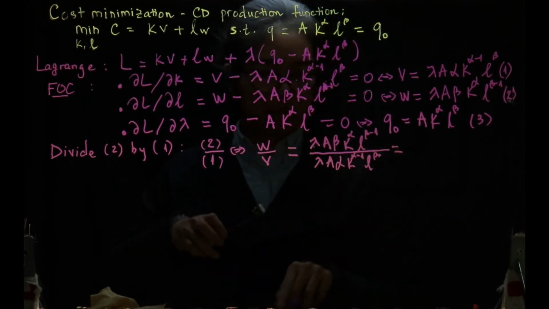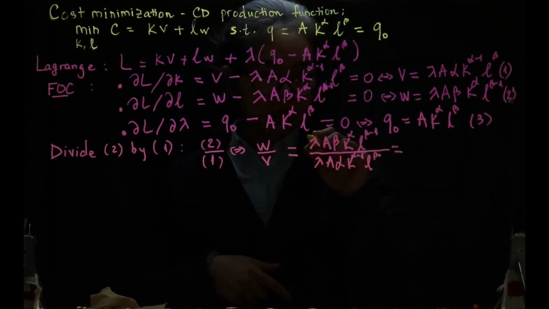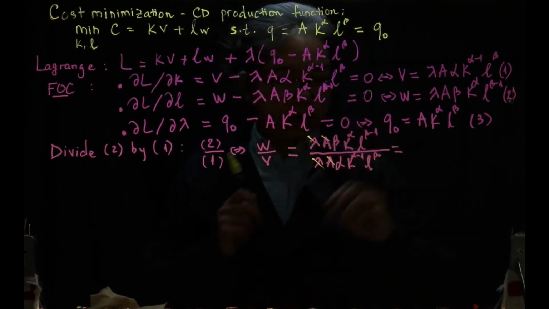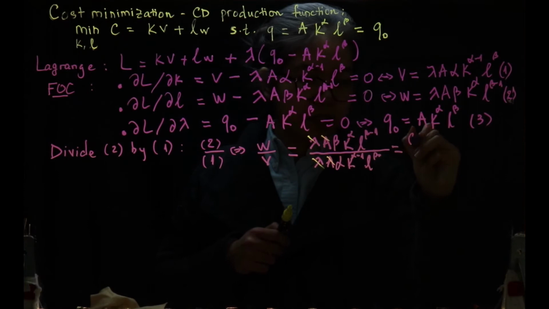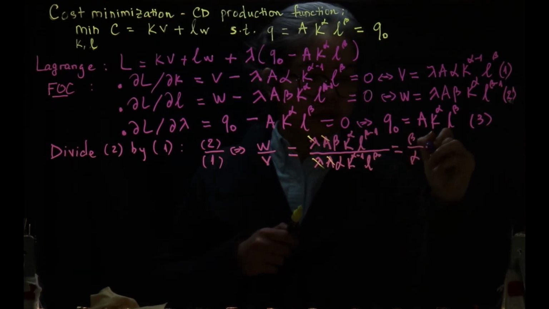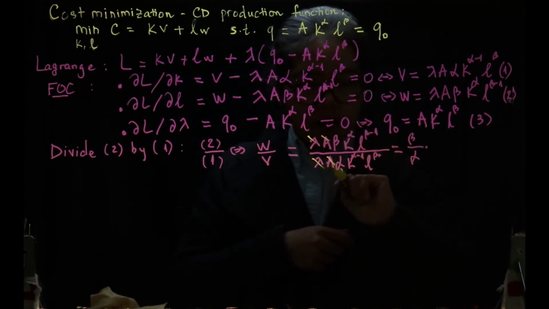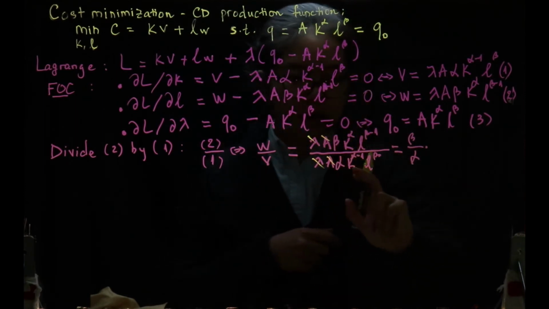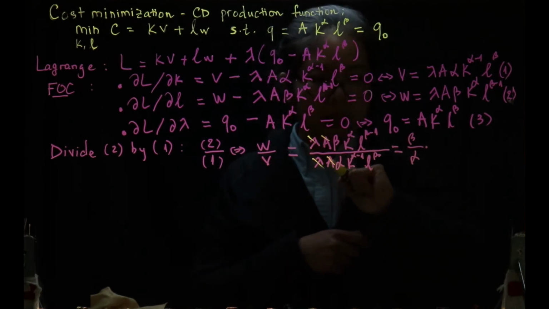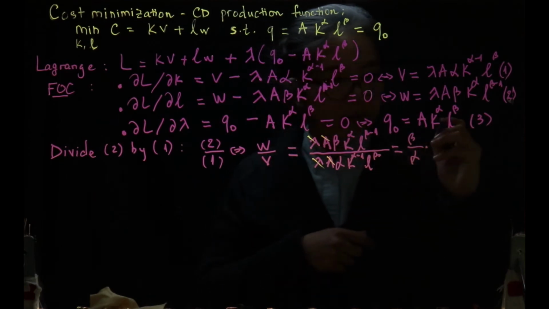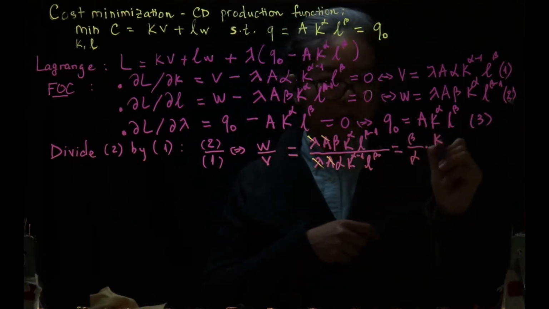Now let's simplify things. Lambda is gone, A is gone, alpha and beta stay, so beta over alpha, times K: in the numerator it is alpha, in the denominator alpha minus 1, so at the end we will have K to the power of 1 in the numerator.